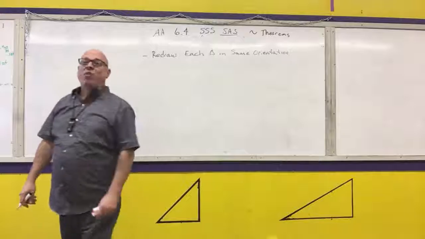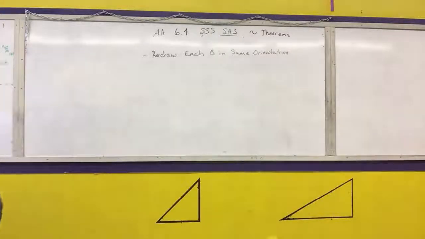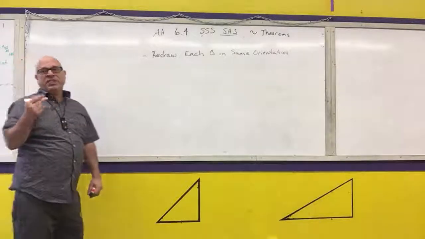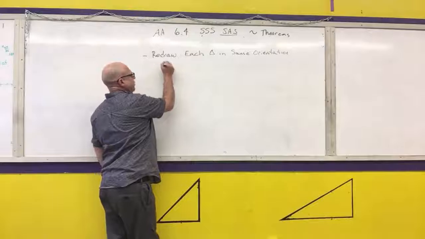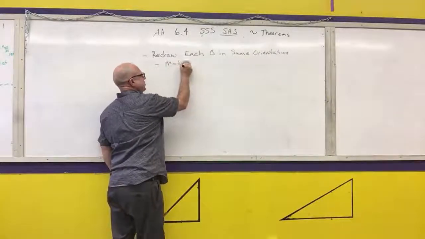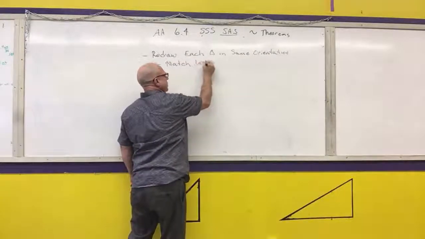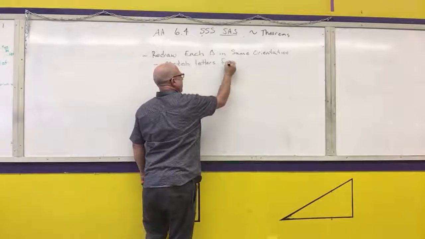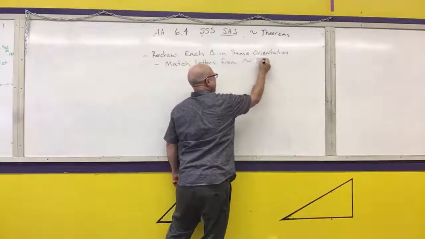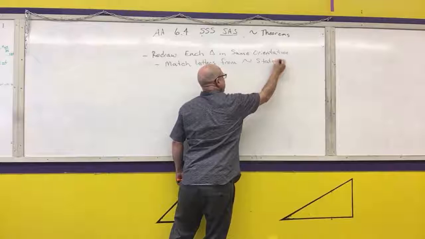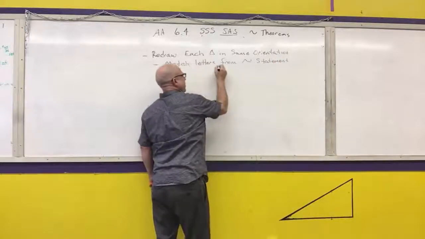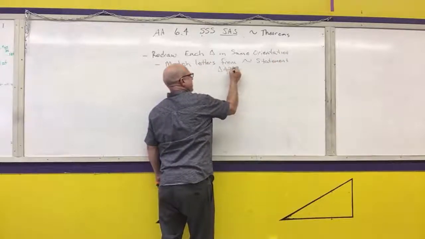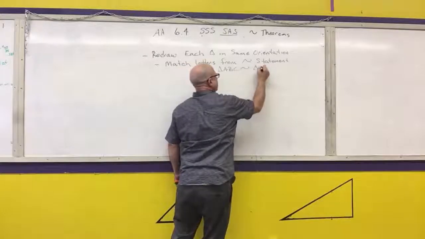That step is not required, but it really helps you set things up. The way you're going to be able to tell the same orientation is either you are going to match letters from a similarity statement. For example, triangle ABC is similar to triangle DEF.